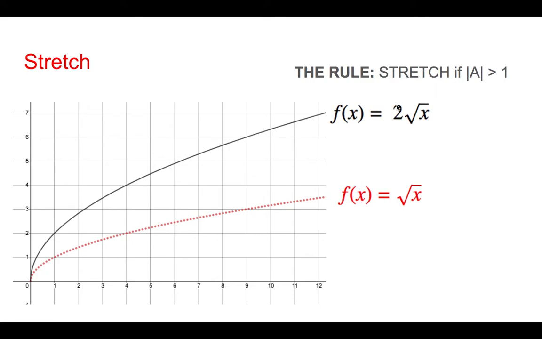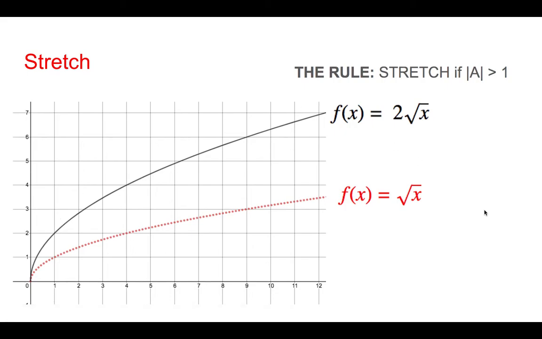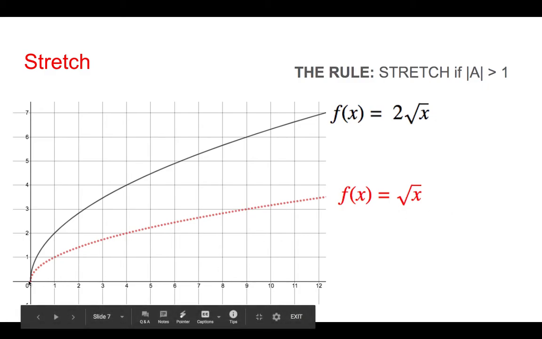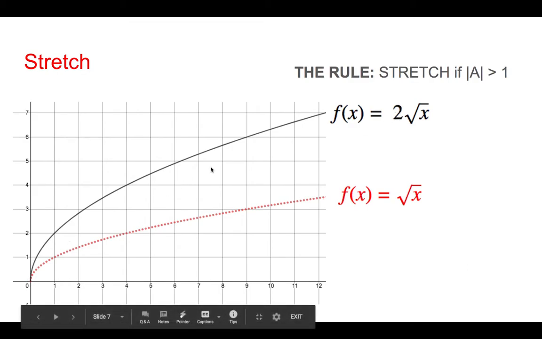So if your A value is bigger than 1, when you check its absolute value, that means the graph is going to stretch out. And I will give you lots of examples on this, so just hang with me for a second. But a stretch is when our graph gets stretched out tall. It just gets taller. And that comes from our absolute value of A being larger than 1. So here the absolute value of A, which is 2, means our graph is going to get stretched out taller.